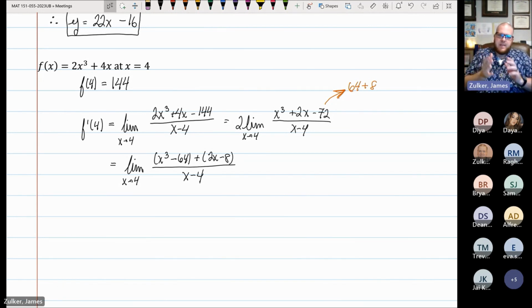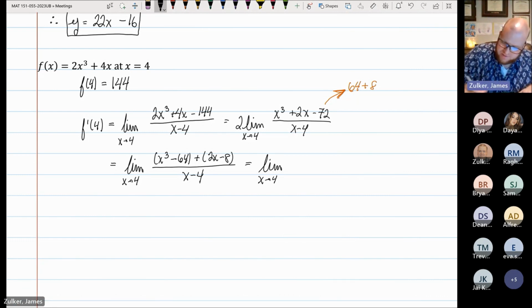Okay, so just group the minus 64 with the x cubed, right? Minus 8 with the 2x. Now let's factor. X cubed minus 64 is now a difference of cubes.